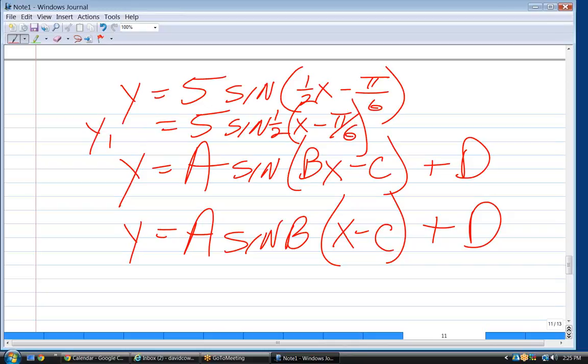Phase shift is pi over 6. Yeah, it's just c. It's real simple when the b is outside the parentheses.